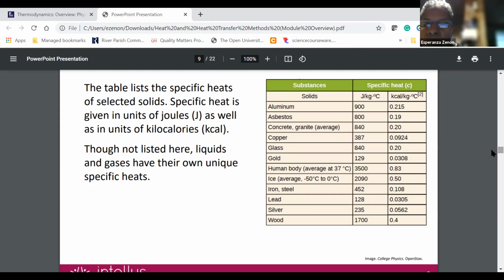Water, on the other hand, well, you see they give the human body, but think about it. The human body is mostly water, right? So the water in the human body takes a lot of energy to heat up. And once the water is hot, it holds the heat very well.